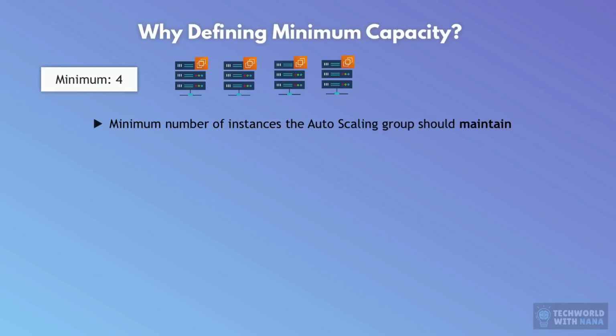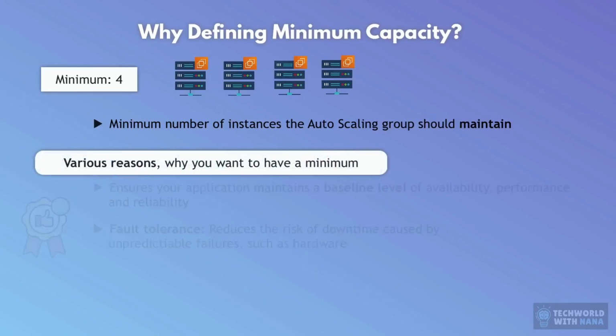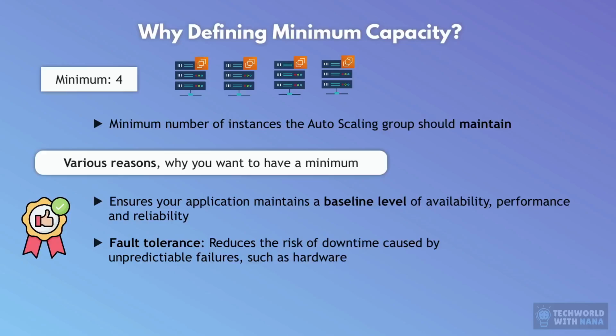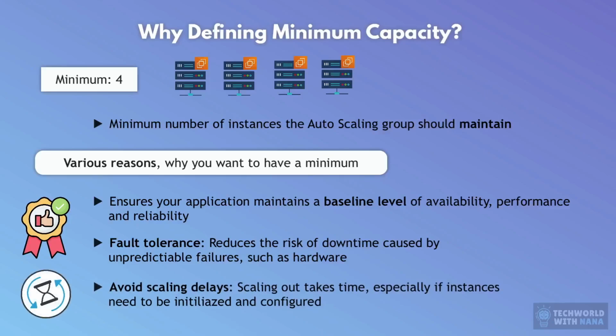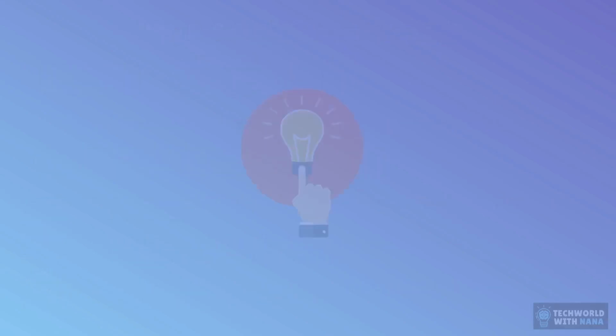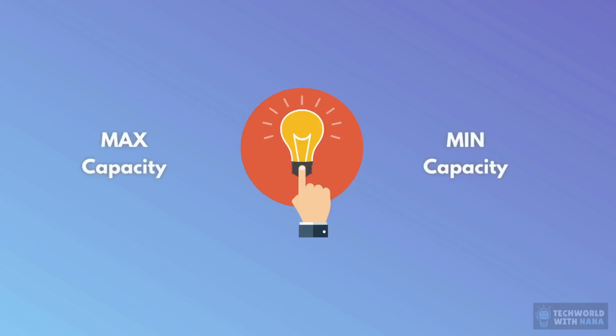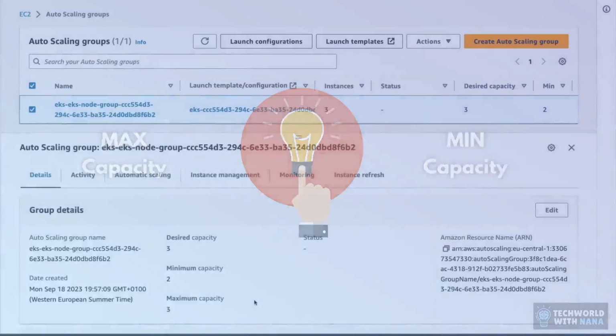So even if our system could run only on 2 instances without any issues, one of the benefits to setting, let's say 4 as a minimum number instead of 2 is so that the application can avoid any latency issues that might happen if we suddenly get a higher load and need more servers, because spinning up new servers can take some time. This is the reason why it makes sense to define maximum and minimum number of instances in autoscaler configuration.